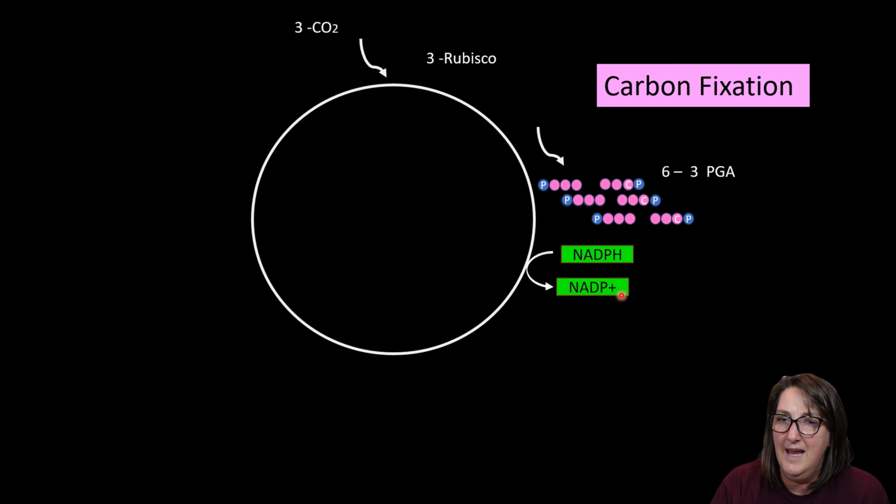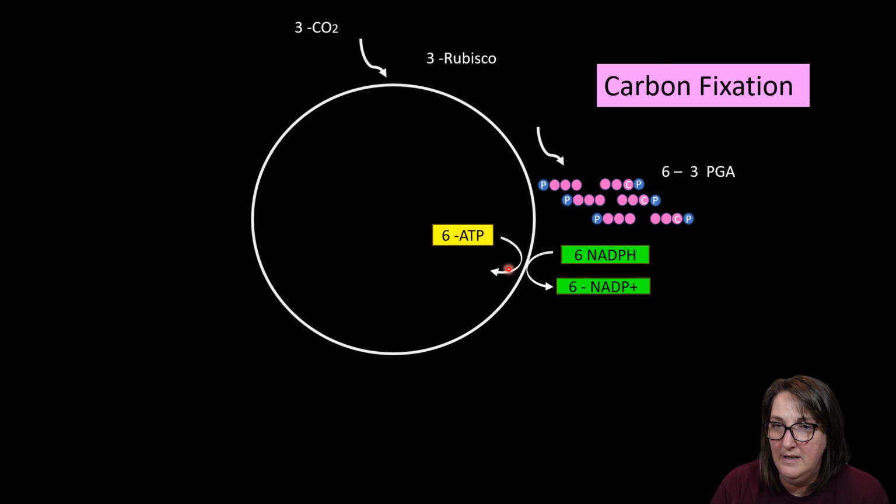But remember, this can't happen on its own. Something has to make it come off and pop off. So that's when we have what is called ATP. ATP is going to come in, and it is going to start ripping off these hydrogens and then ripping off some of these electrons, and it's going to start attaching them to these PGAs.